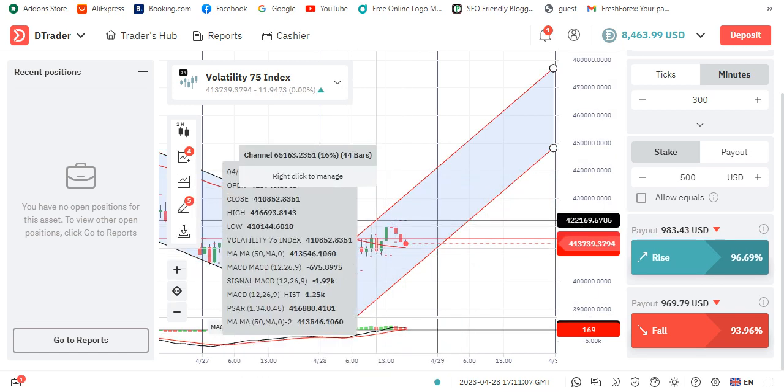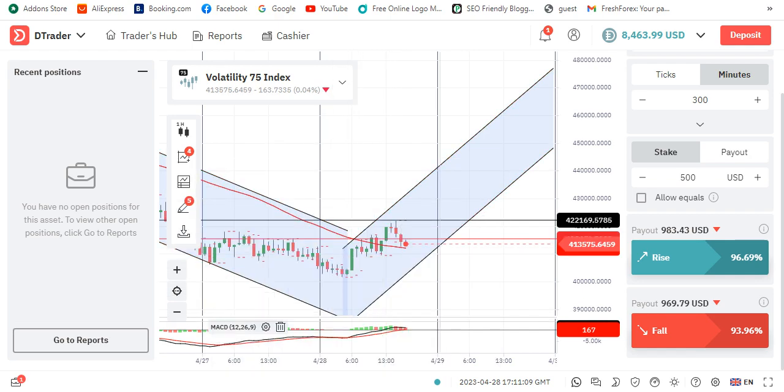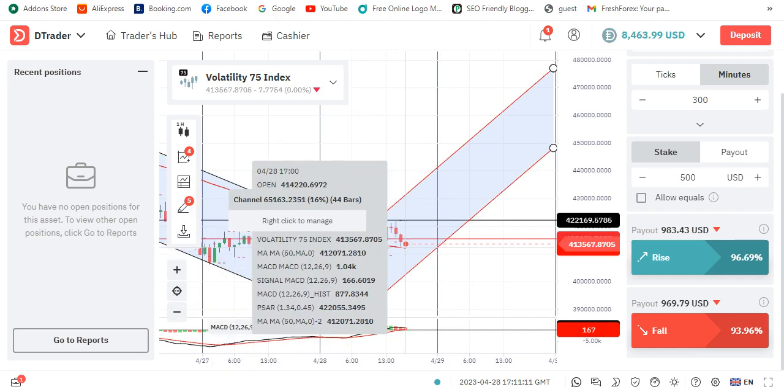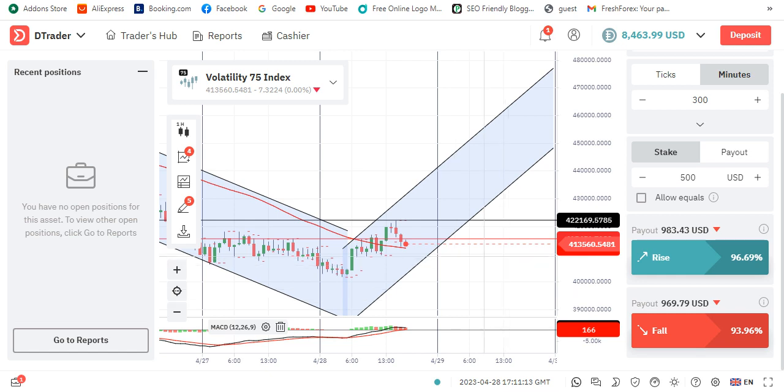But if it happens the other way, as it is going right now, this is a support, a strong support.